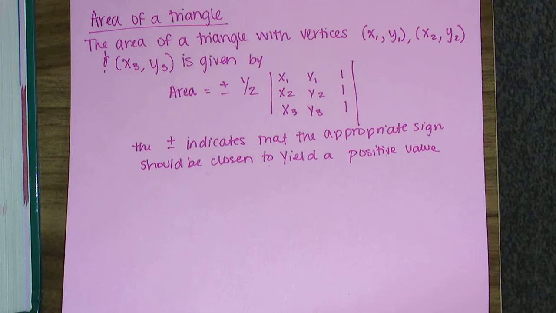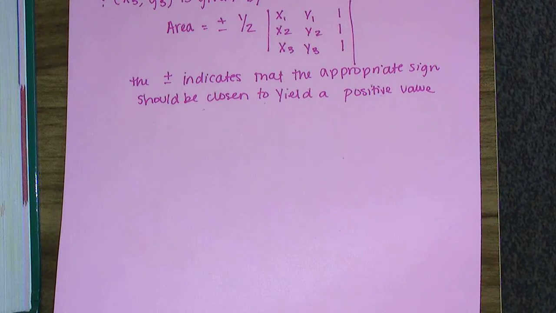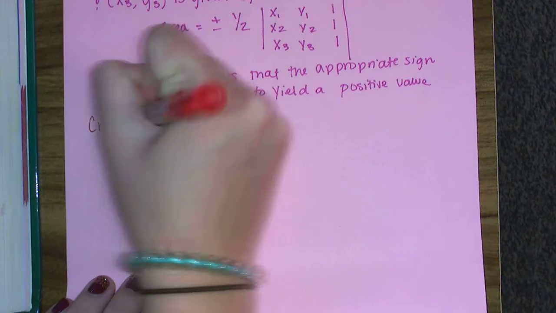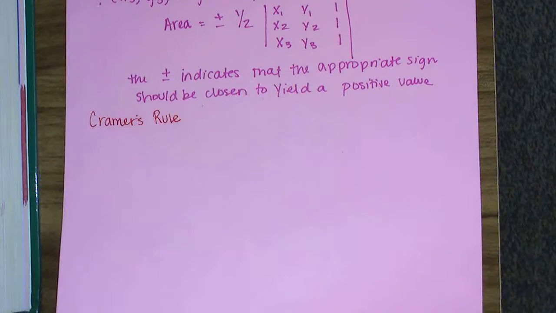But the next thing we're going to get into is Cramer's rule for a 2x2 system. Before that, let me explain a little bit about how we get that rule. Basically this is a way of solving a linear system, and we're going to be using a coefficient matrix to do so.